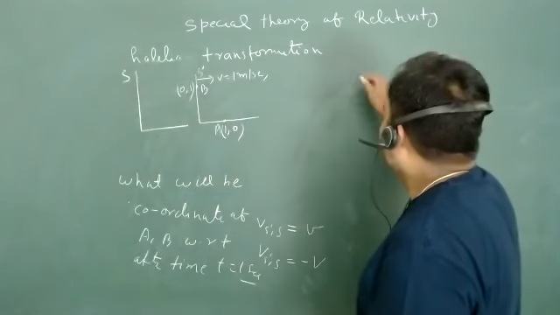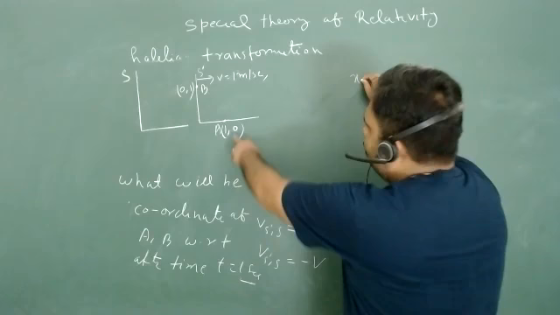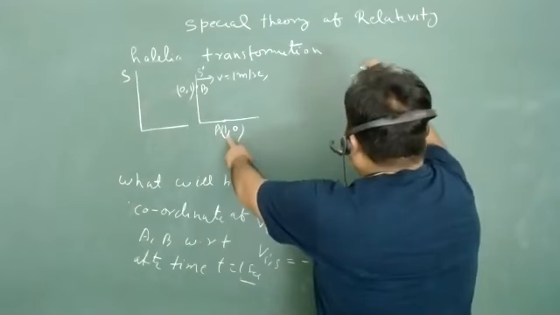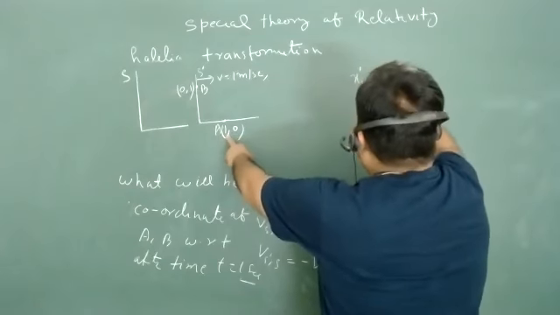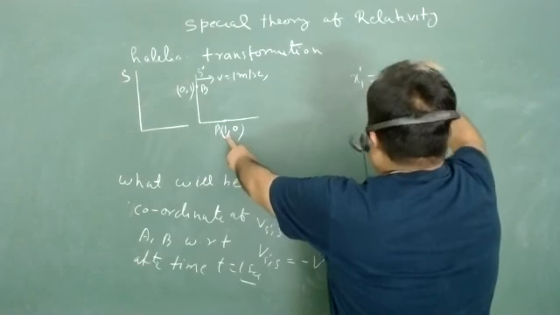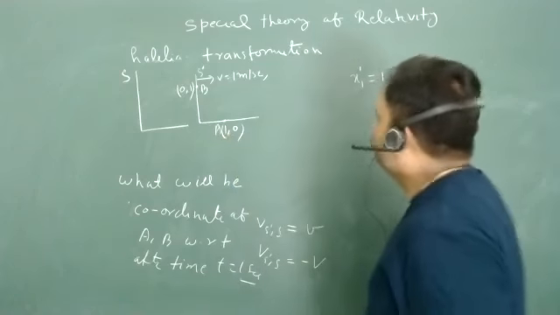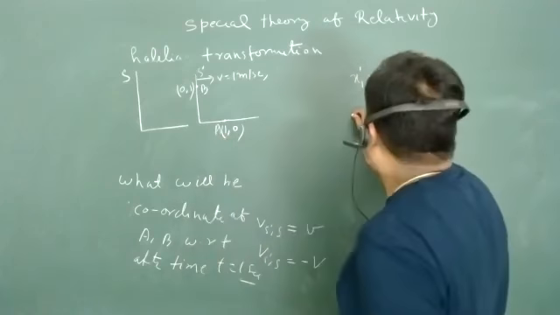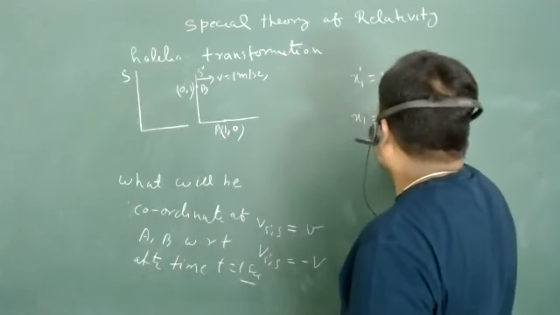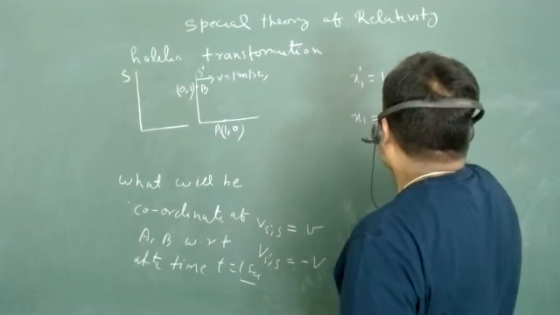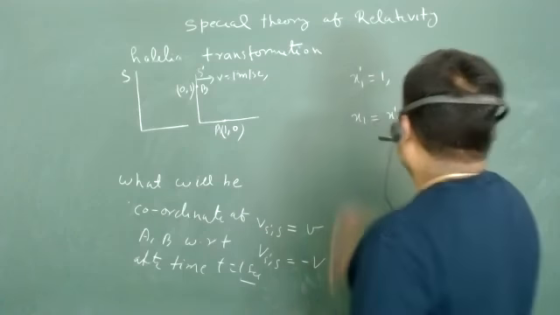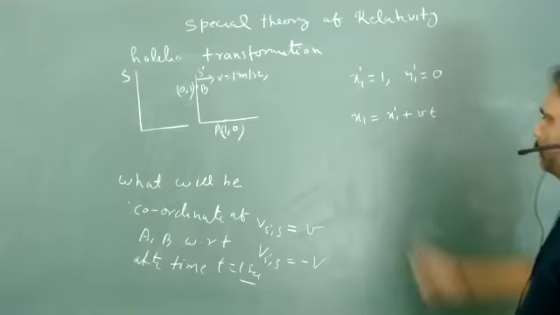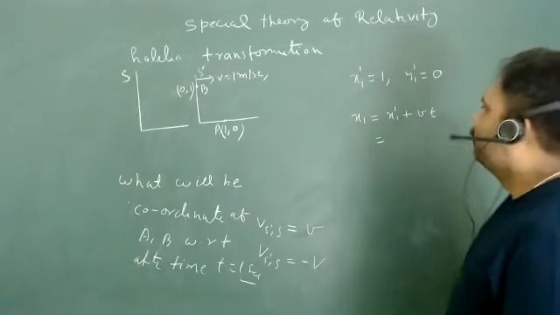चलिए क्या होगा? Can I write this coordinate as x1 dash is equal to 1, y1 dash is equal to 0? Yes. So what will be x1 is equal to x1 dash plus vt? लिख सकते हैं क्या? According to Galilean transformation.